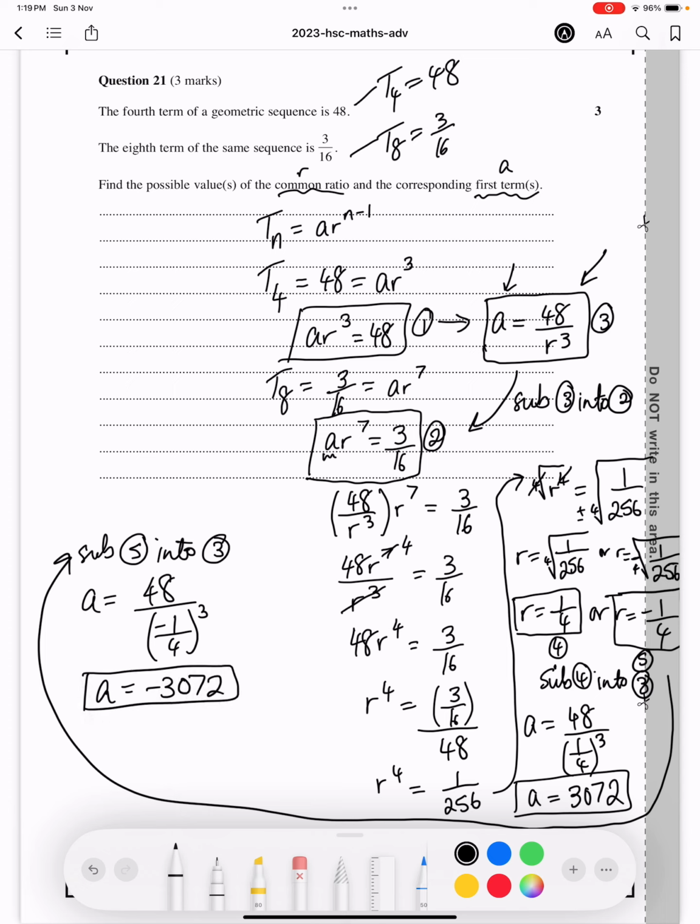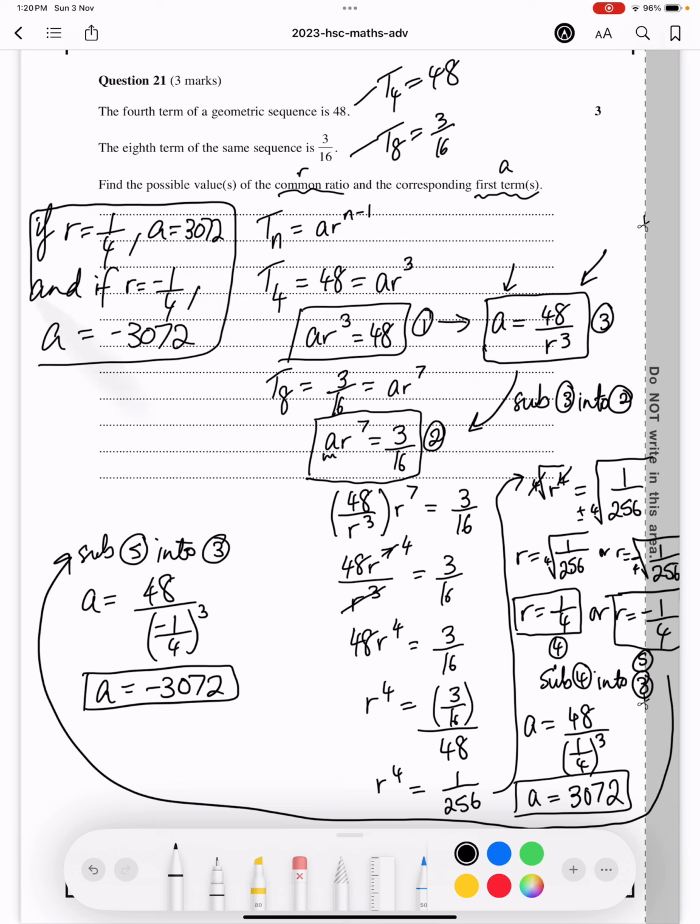And so what this means is if R is positive 1/4, A is positive 3072, and if R is negative 1/4, then A will be negative 3072, and that will give you your 3 marks.